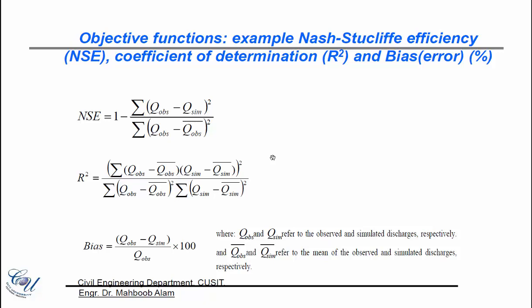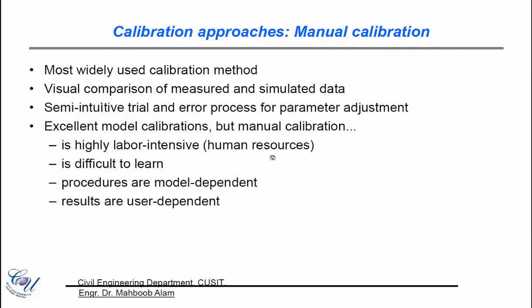But manual calibration is highly labor intensive. It takes a lot of time before your model is calibrated and you can use it for future studies. It's also difficult to learn, in the sense that you have to understand how each parameter ultimately affects your discharge. You see in each equation what the role of that particular parameter is, and by changing it, what you are basically changing.